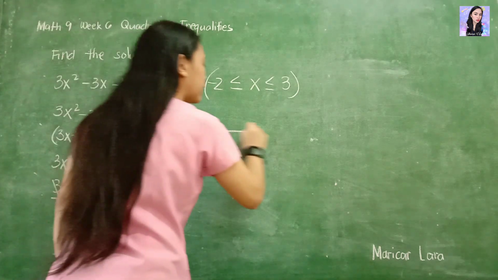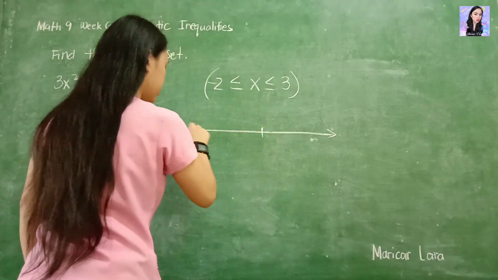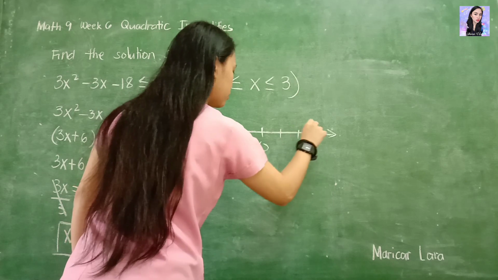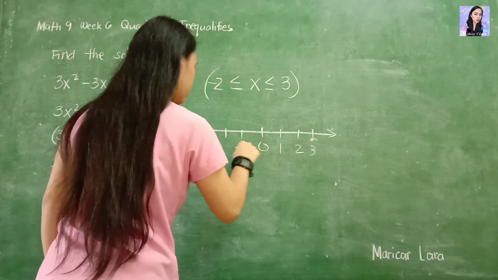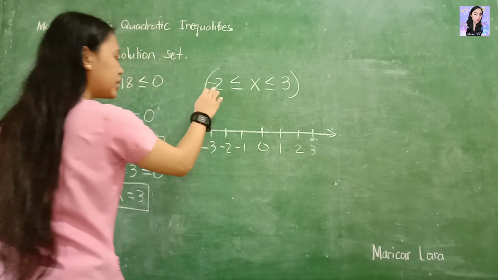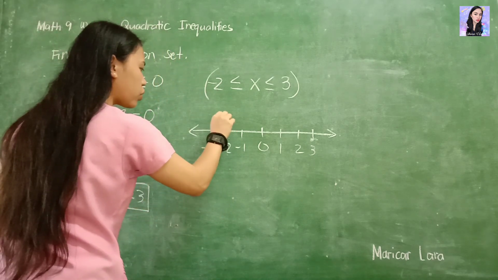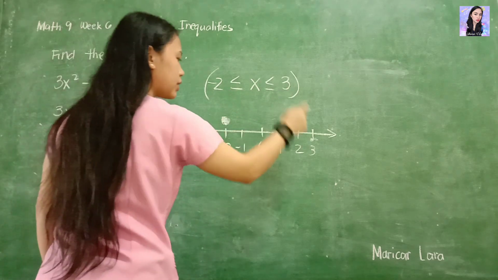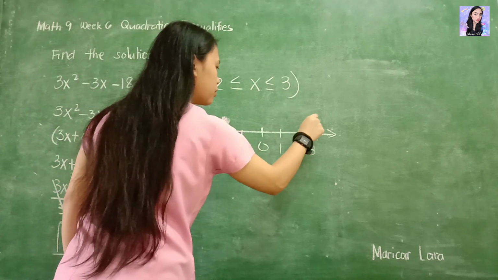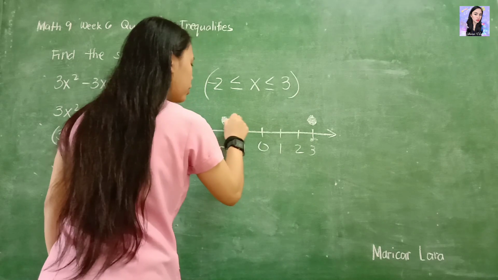So try naman natin na i-graph. So hanapin si negative 2, eto si negative 2, closed ang ating circle kasi meron equal sign. And then si 3, closed din. And then i-connect lang.